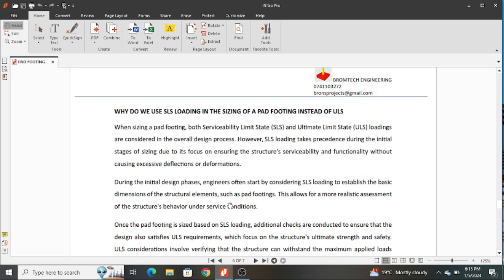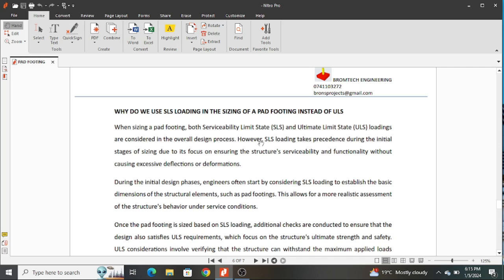When sizing a pad footing, both the serviceability limit state and ultimate limit state loadings are considered in the overall design process. However, SLS loadings take precedence during the initial stages of sizing. Why? Due to its focus on ensuring the structure's serviceability and functionality without causing excessive deflections or deformations.